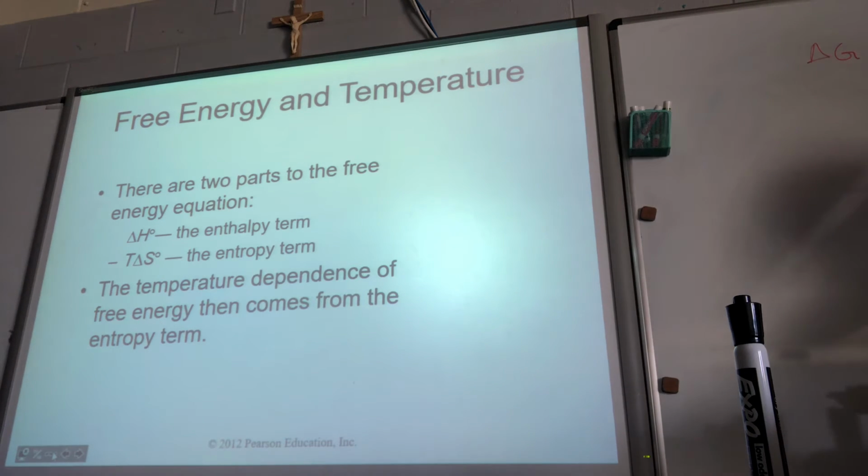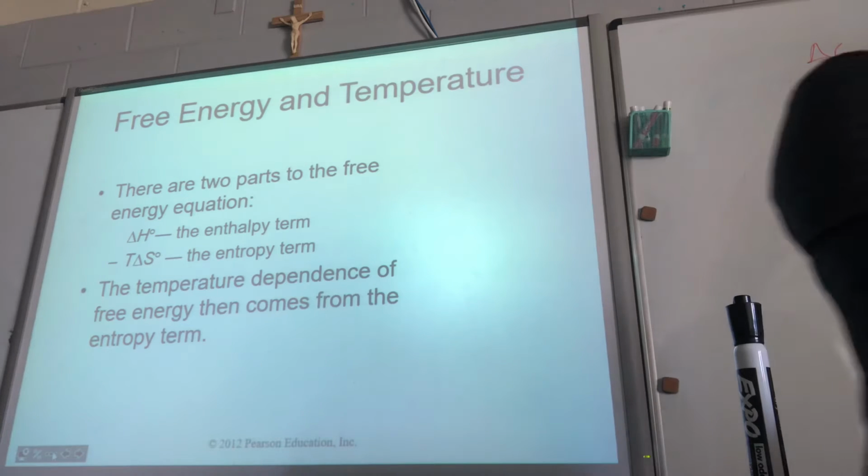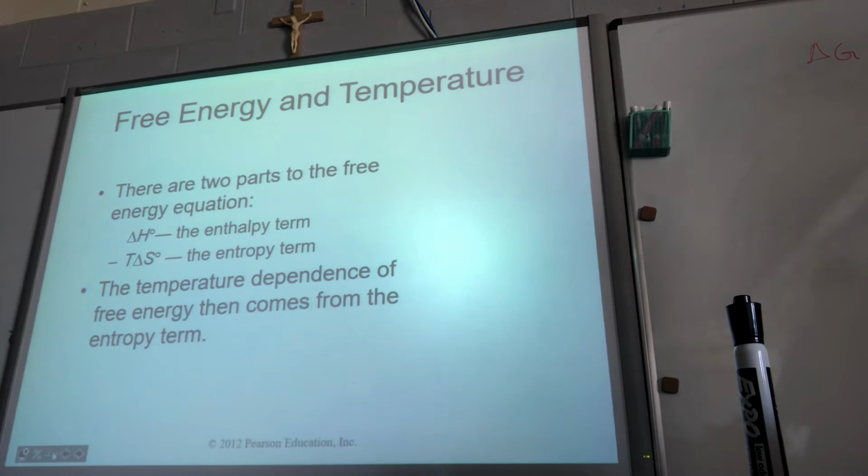The whole thing. Temperature only impacts your entropy in this case. Does it matter at what temperature you're doing this equation for delta H? Not at all. Yes, ma'am? Yes. Enthalpy, entropy.